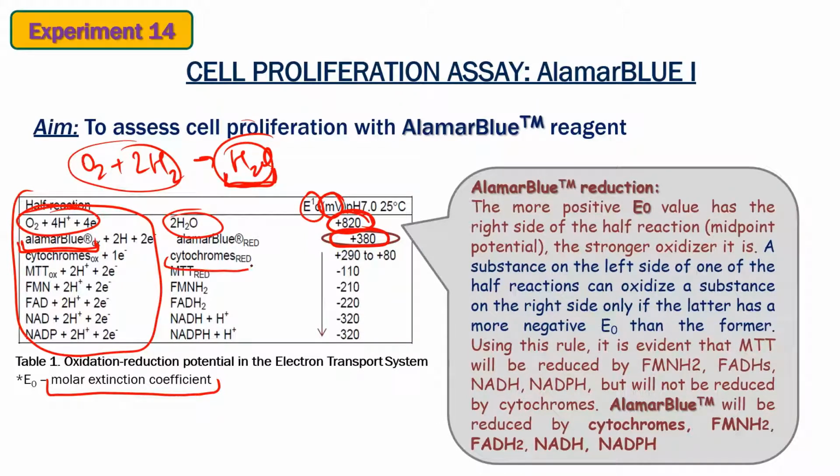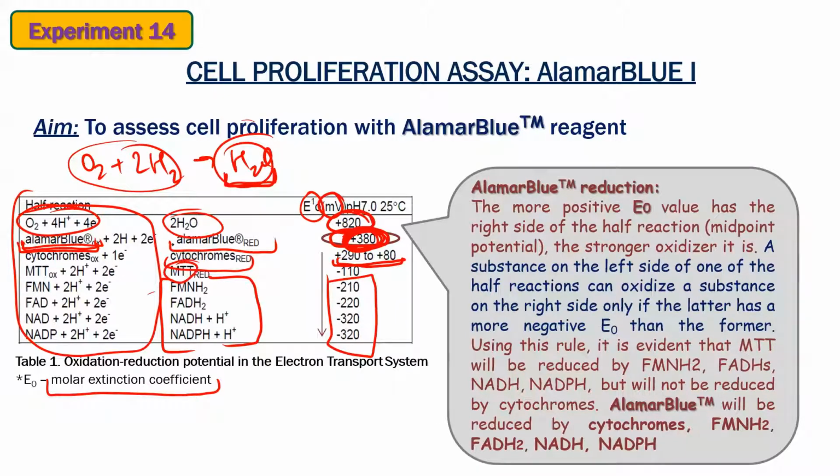If we take cytochromes, some of them will, some of them won't, because it is very close to our coefficient of Alamar Blue. But if we take any other of these, the molecules that are related to the cell respiration, they all have this low coefficient, and they will be able to convert or to reduce the Alamar Blue into the reduced state.